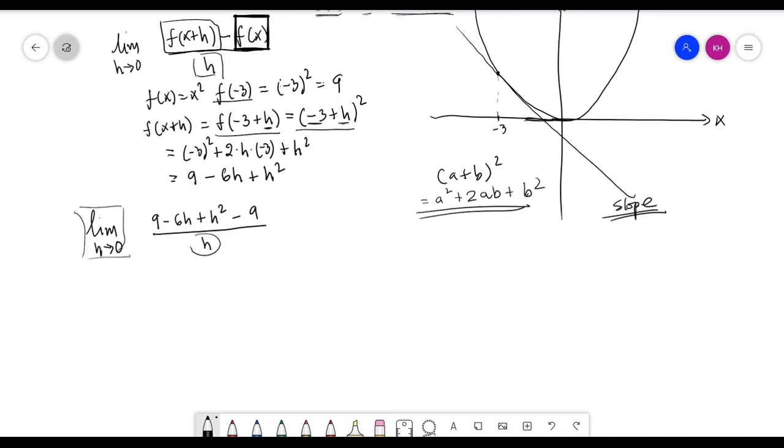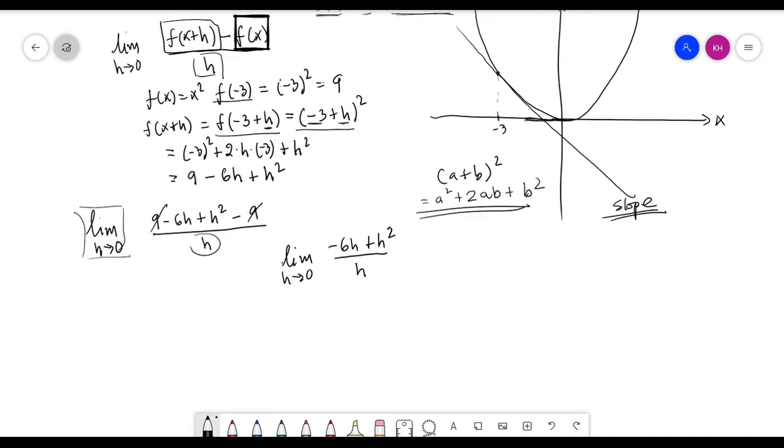If we want to simplify, all we have to do is cancel out the 9's over here, and then we are left with limit of h going to 0. I will be writing the limit notation in every step, and in the function I have negative 6h plus h squared divided by h.